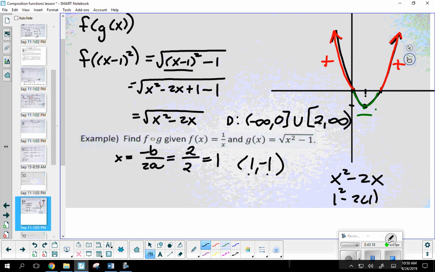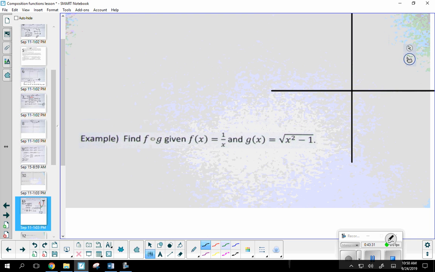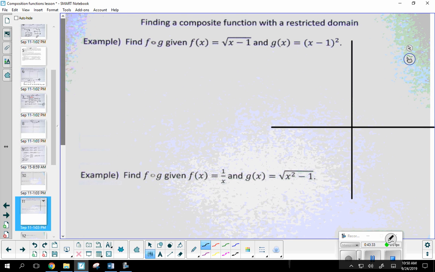My analysis using the radicand? Okay, we'll try another example tomorrow, and we'll see what you think. Because what I'm trying to show you is that the domain of the composite function will be affected by the original functions you use. Okay. All right.